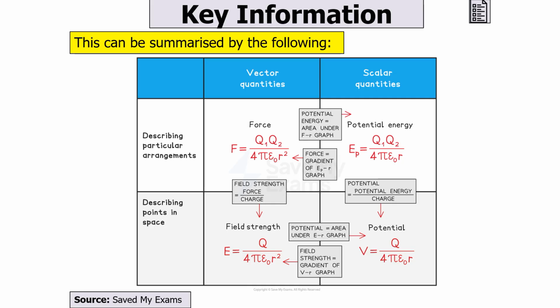The potential energy, which is the area under an F against R graph, is equal to Q1 Q2 over 4 pi epsilon 0 R. The field strength, which is also the potential gradient or the gradient of a VR graph, is equal to Q over 4 pi epsilon 0 R squared. Whilst finally our potential, which is Q over 4 pi epsilon 0 R, is our area under an ER graph.